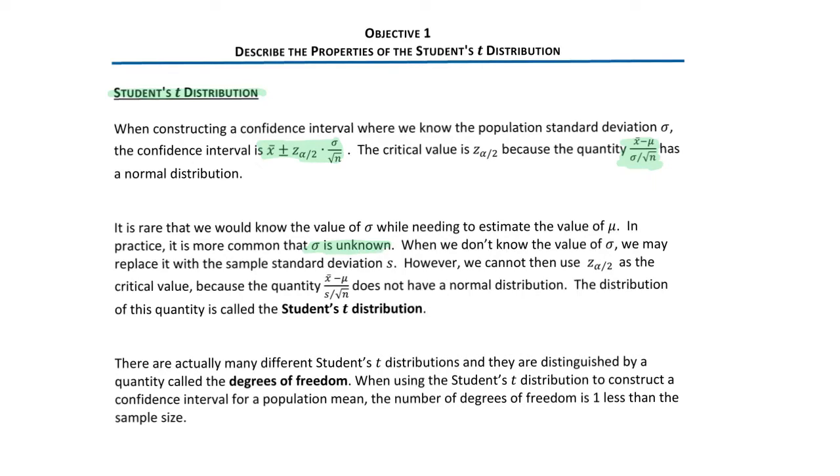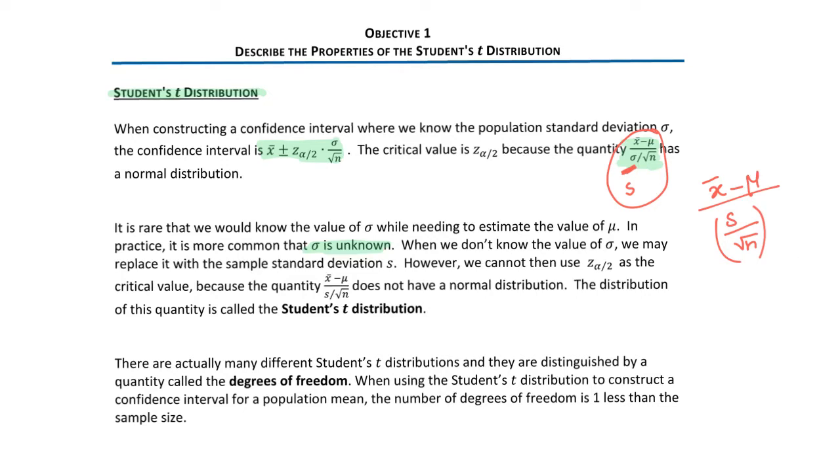When we don't know sigma, replace the sigma with the sample standard deviation S. S is a bit smaller than sigma. So replacing sigma with S tends to increase the overall magnitude. So right now we have S divided by square root of n. Since S is smaller than sigma, this entire quantity will increase in magnitude.